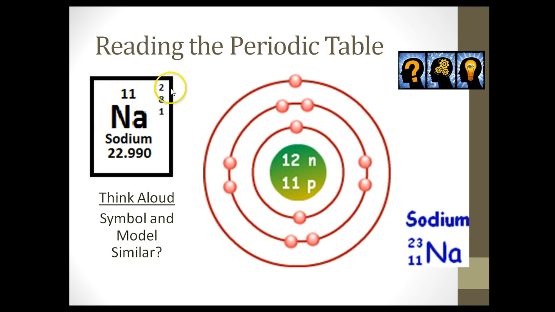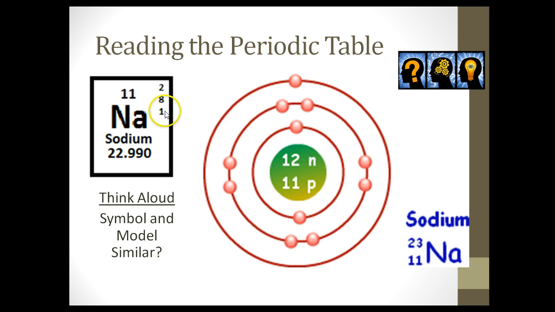Our next numbers are over here, 2, 8, and 1. If I add them up, they add up to 11, which is the same as this. So it could be the protons, but they're not. If we look over here, 2, 8, 1, the 2 corresponds to the 2 dots on this first energy level. On the second energy level, there's 8 dots. So there's a 2, 8. And on the third energy level, there's 1 dot.